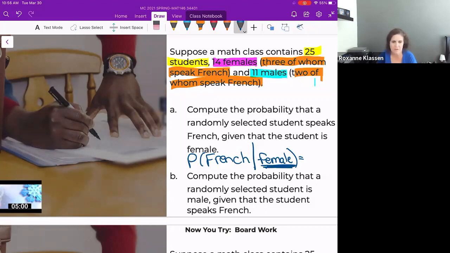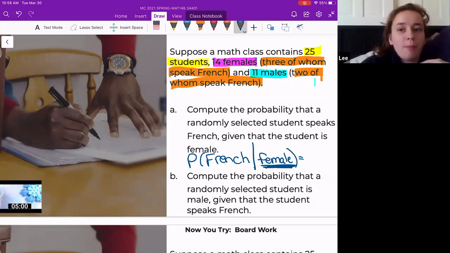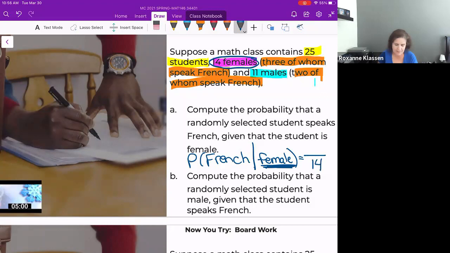So the student is a female. How many females do we have? 14. Yeah, 14. So that's our denominator, 14. And then our numerator is going to be, okay, of those, how many speak French? 3. So our answer is going to be 3 over 14.